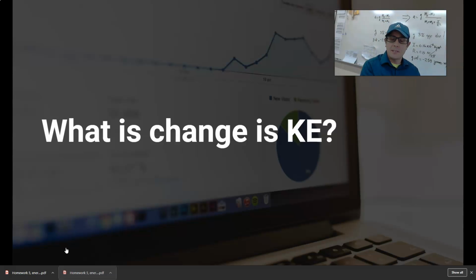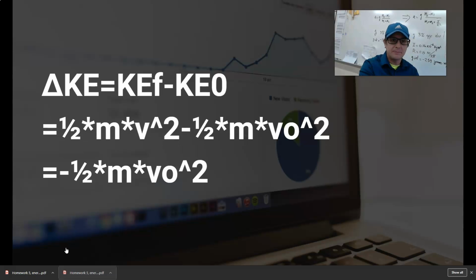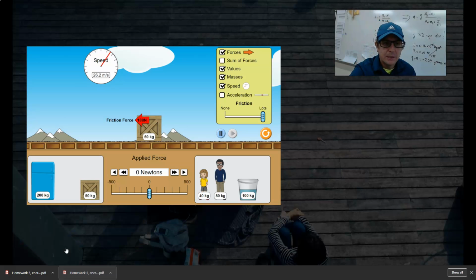It is final kinetic energy minus initial kinetic energy. Because the final velocity of the crate is 0, the change in kinetic energy is just minus 1/2 m initial velocity squared, so losing the initial kinetic energy.